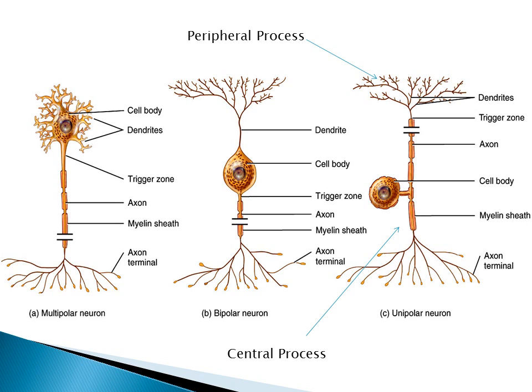That's beyond the scope of this discussion, but suffice to say that the central processes project from the cell body in the dorsal root ganglion up into the spinal cord, and then also from the cell body in the dorsal root ganglion is sent out a peripheral process, which then goes out into the periphery of, say, the skin of the dorsum of the foot, for example.